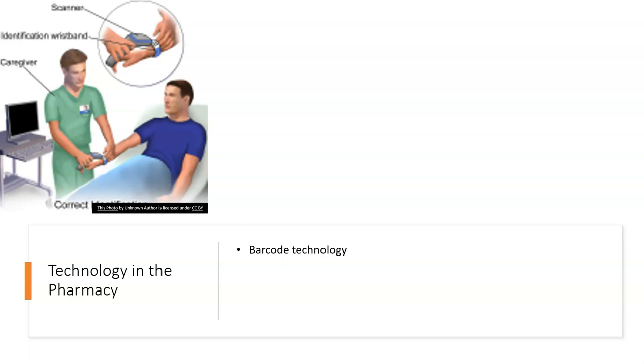But here we see the image of the healthcare provider scanning the patient's wristband that has a barcode on it, and that helps us identify that we're giving the right medication to the right patient. And that's pretty important because medication safety is our first and last responsibility when it comes to any kind of health care. We want to make sure that we keep our patients safe. So barcode technology really can enhance that.